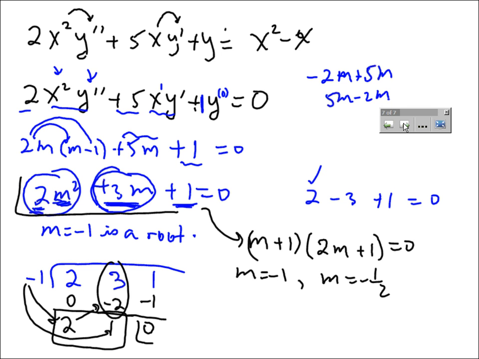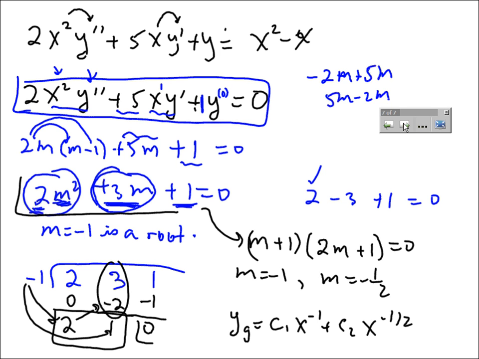Now, you can say, oh, this wasn't bad. So y general is c1 x to the negative 1 plus c2 x to the negative 2. The answer is no. Absolutely no. That was for this solution. That was for that solution. What we found is y homogeneous.